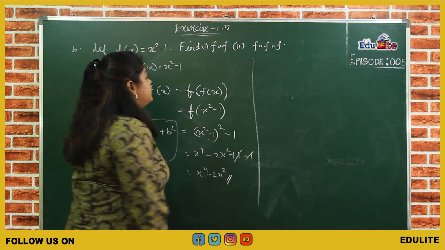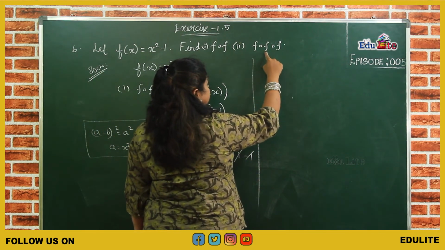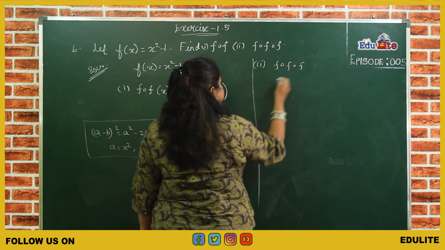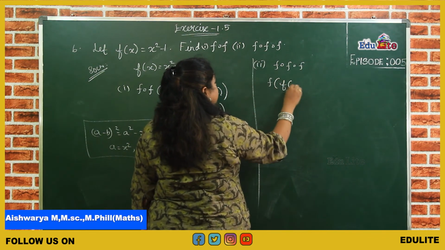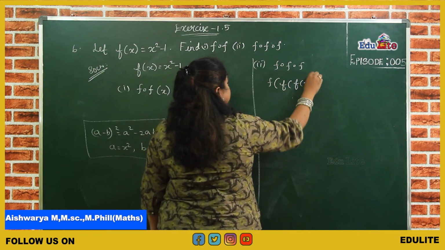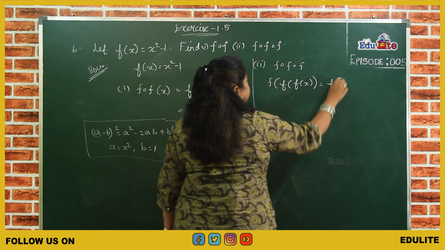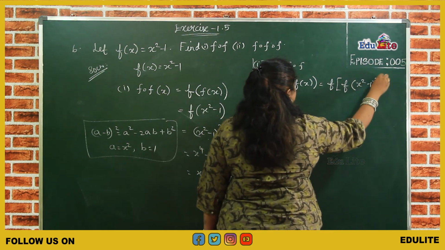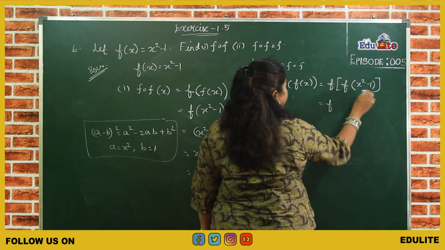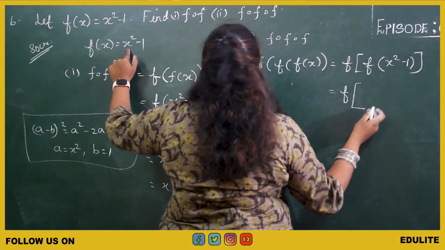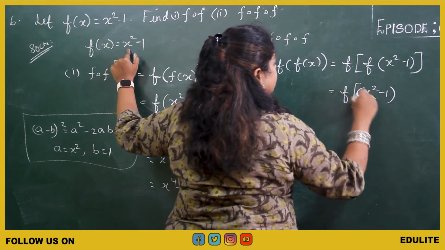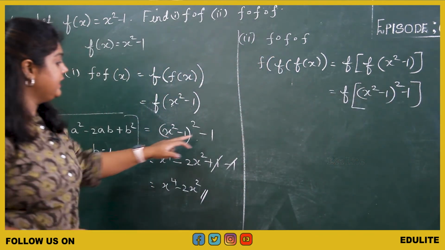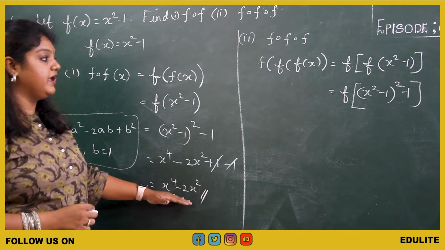Next, the second subdivision is we have to find f composite f composite f. This can be written as f of f of f of x. The f of x value is x squared minus 1. Again, we have to substitute, in the sense (x squared minus 1) the whole square minus 1. We already got this value in the previous problem, so we can make use of it.